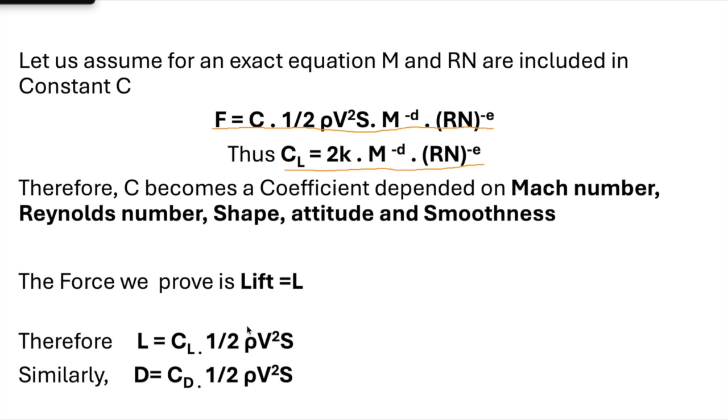So therefore we can write the lift equation, which is L equals Cl times half rho V squared S. And similarly, if we deduce it for the drag, it will be the drag force equals coefficient of drag into half rho V squared S. And that is how we deduce the lift equation through the dimensional analysis.